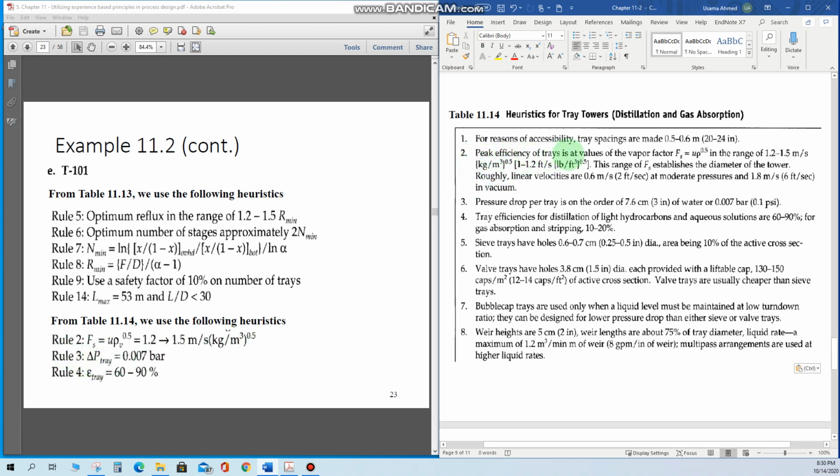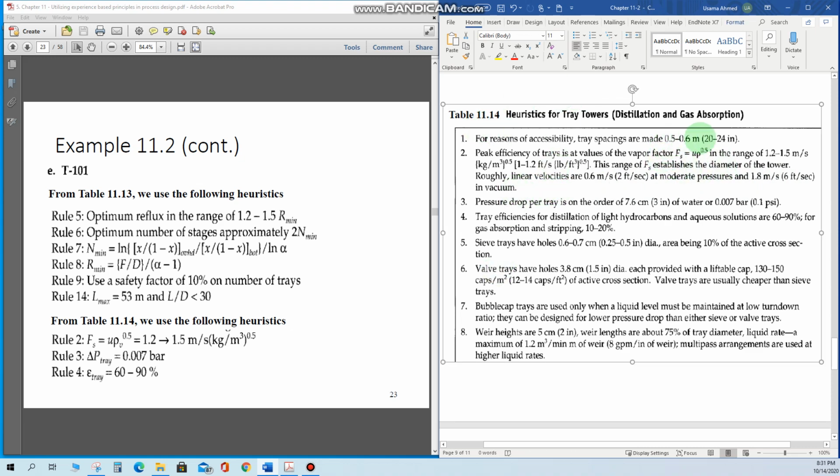Peak efficiency of trays is at values of the vapor factor F_s, equal to velocity times density to the power 0.5, in the range of 1.2 to 1.5. These are the units. This range of F_s, the vapor factor, establishes the diameter of the tower. Roughly, linear velocities are 0.6 meter per second at moderate pressure and 1.8 meter per second in vacuum. So these are some of the heuristics.